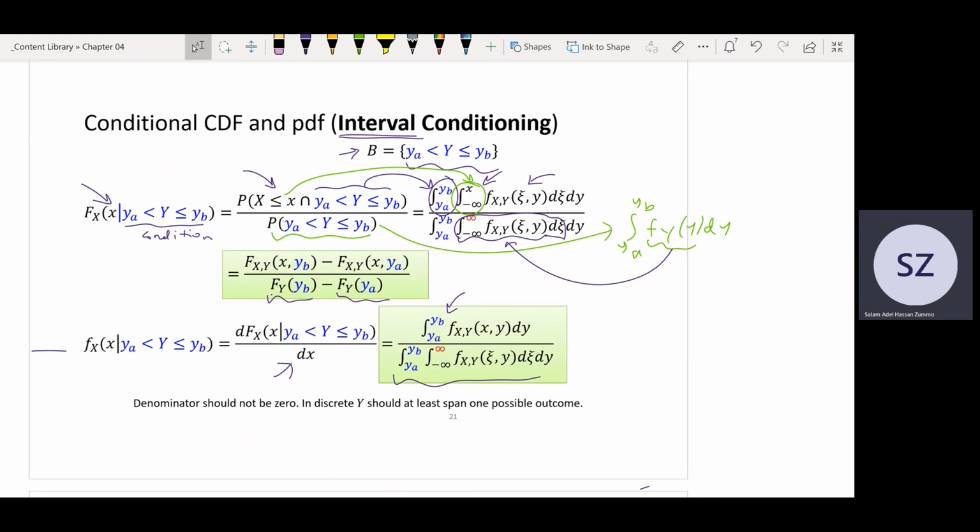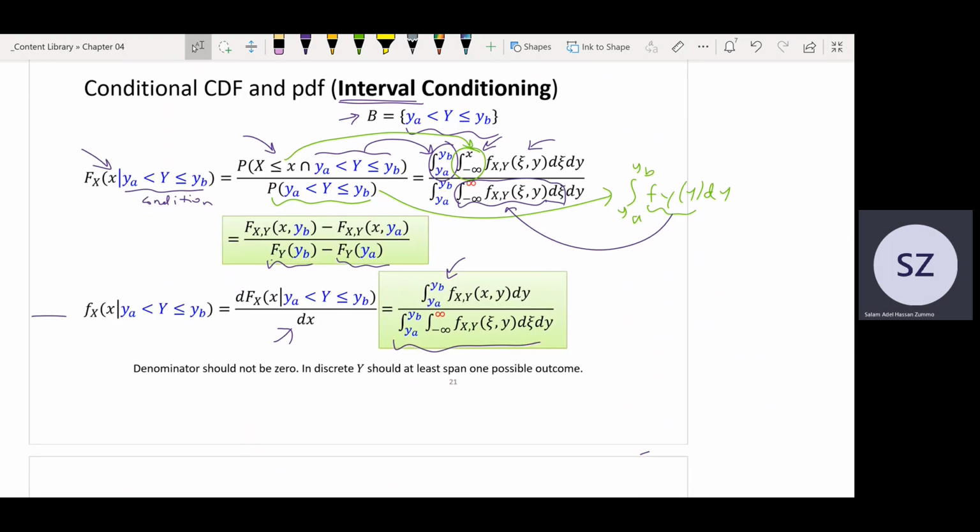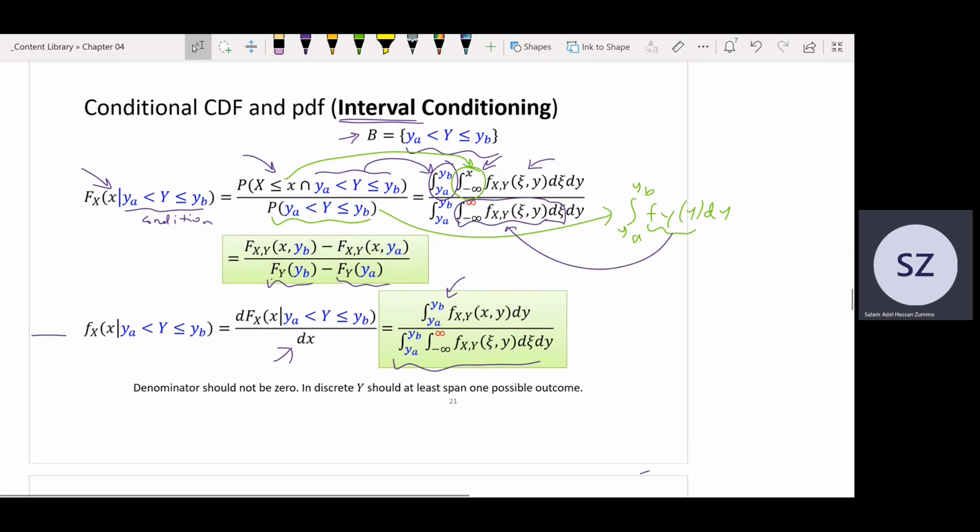However, when we have interval conditioning, we were able to derive the conditional CDF of x given y in a specific interval. This is why we call it interval conditioning. We did this by using the original definition of the CDF, which is the probability that x is less than a specific value, intersected with the condition, which is y between two values, y_a and y_b, divided by the probability of y between y_a and y_b.